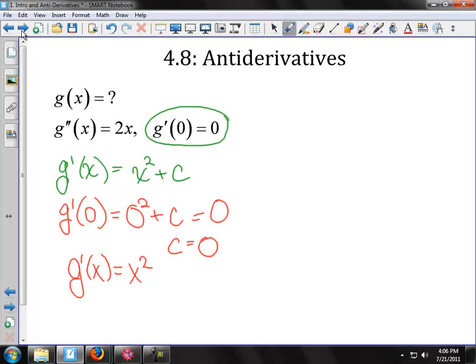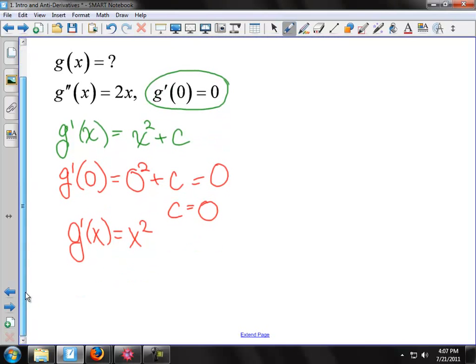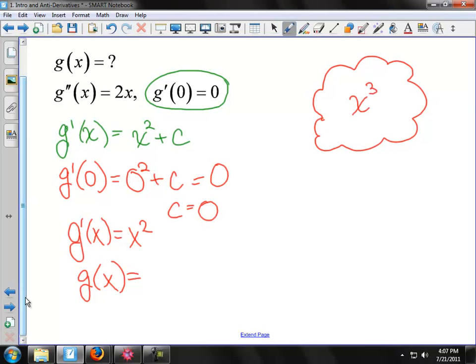And so if g prime of x is equal to x squared, then g must be, well, what function, when you take its derivative, do you get x squared? Usually when I ask that, people say they're thinking about x cubed. But when they take the derivative of x cubed, they get 3x squared. So how are we going to deal with this extra 3? Well, what if we put a 1/3 in front of it?